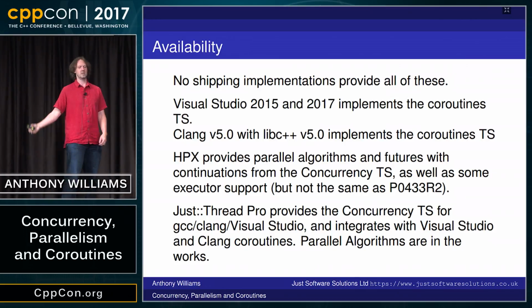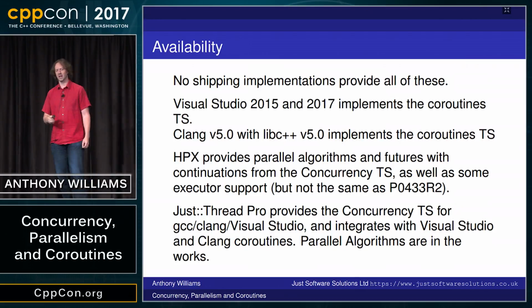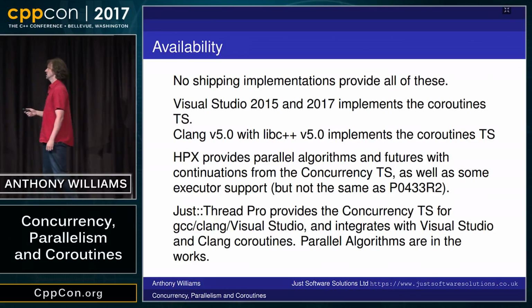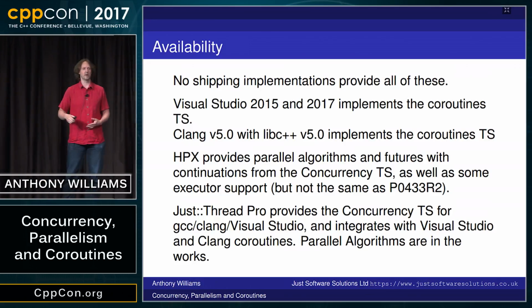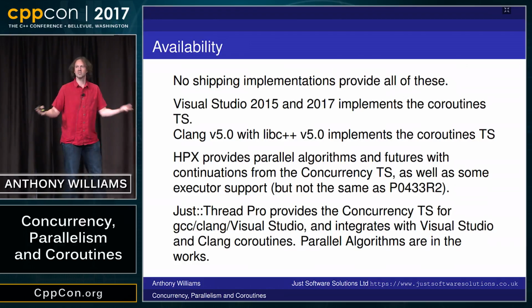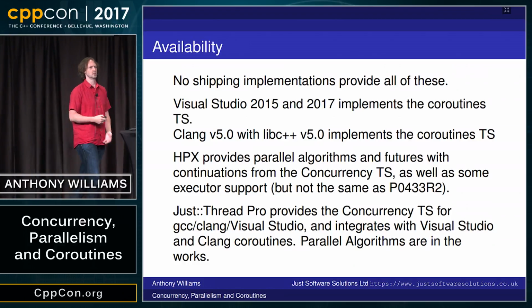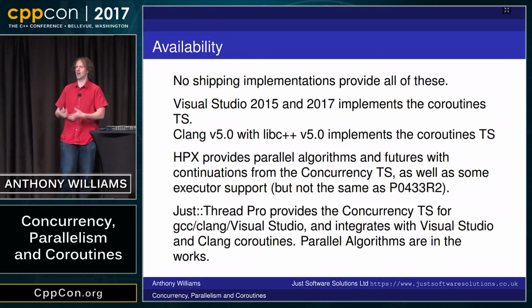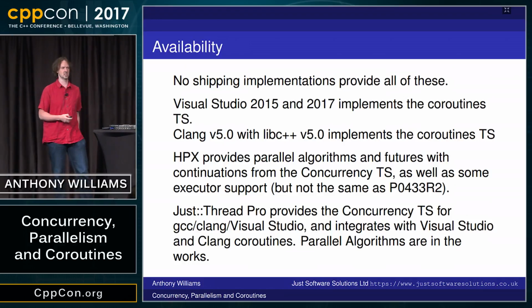My JustThread Pro library provides the Concurrency TS and integrates with coroutines, and I'm working on parallel algorithms. But the whole lot is not in any one implementation. So at the moment, you're going to have to choose piecemeal or actually help work on one of the open source implementations.